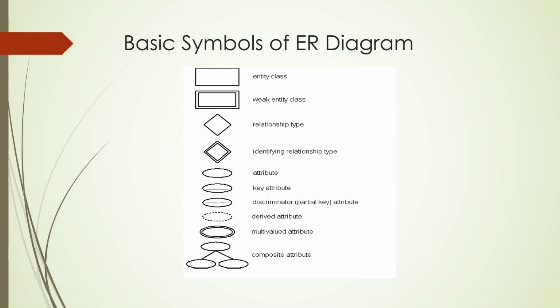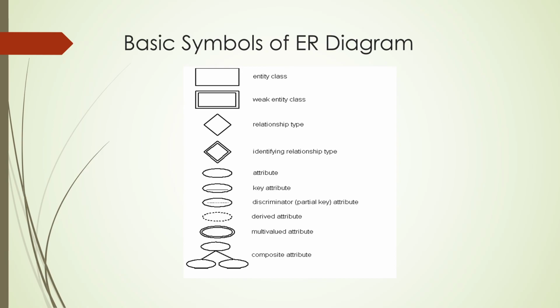Next is the key attribute symbol. A key attribute is something which is very important, a key in a particular relationship. For example, if you have an employee database, where employee name or employee number is the key, because they are keys, this combination would definitely be unique, right? So this kind of thing is a key attribute.